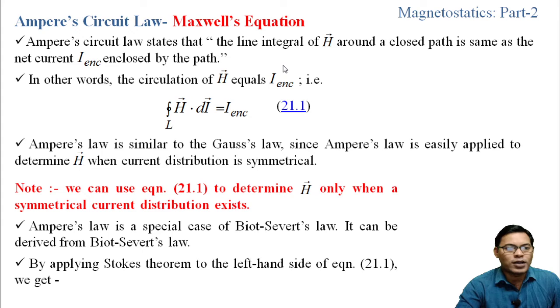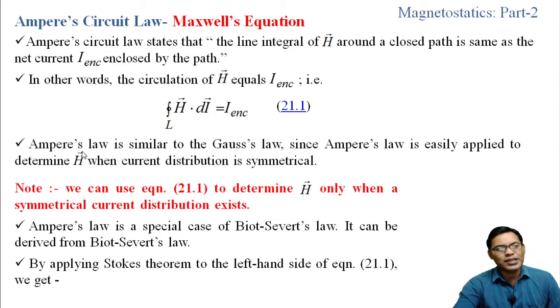In other words, we can say the circulation of H equals I enclosed. The mathematical form of Ampere's circuit law is represented by 21.1, which says that the closed line integral of H dot dl equals I enclosed.